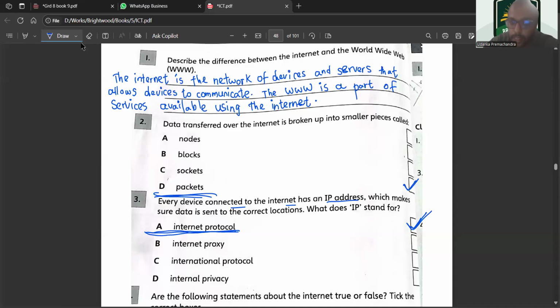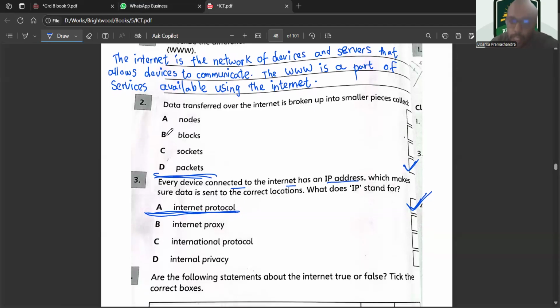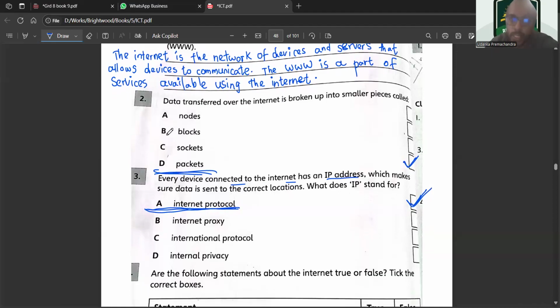Okay, write it. Firstly we said the internet is a network of devices and servers that allows devices to communicate. The www is a part of the services available using the internet. And data transferred over the internet is broken up into small pieces that are called data packets.